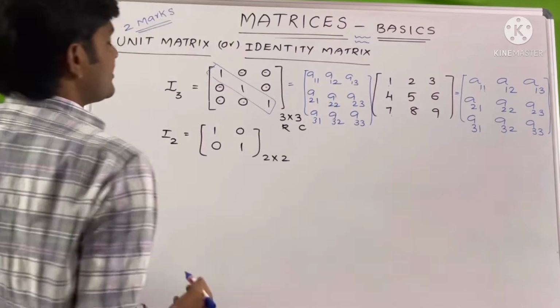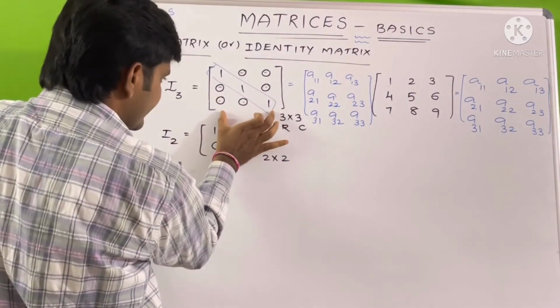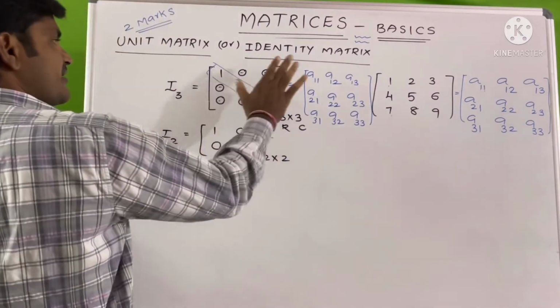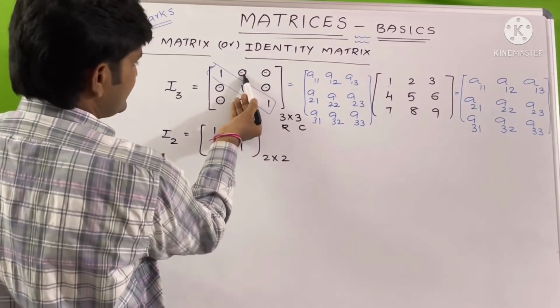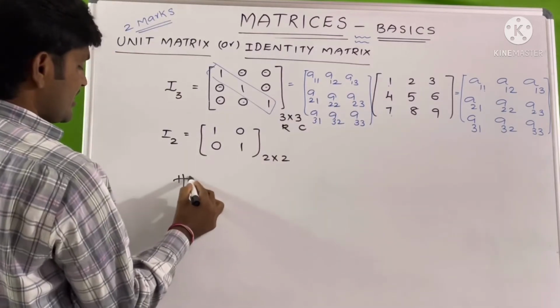This is the matrix. Now observe here, comparing this identity matrix with these elements, corresponding elements are equal.